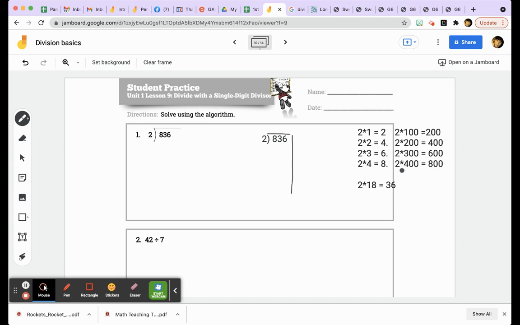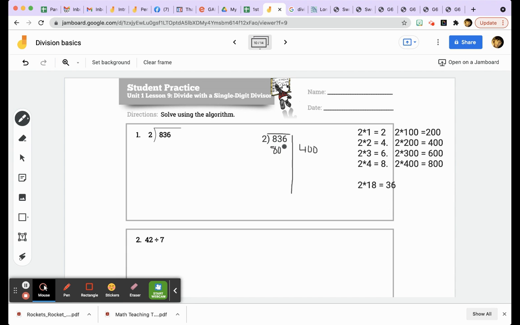And I notice that 2 times 400 is 800. That's very close to 836. So I'm going to put 400 as my partial quotient, and 400 times 2 is 800.